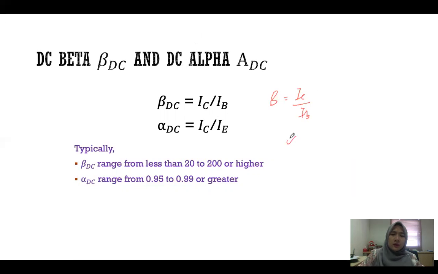But alpha is IC over IE. So don't get confused. Make sure that the formula that you use is correct. Beta is IC over IB, alpha is IC over IE. Beta DC ranges from less than 20 to 200 or higher, while alpha ranges from 0.95 to 0.99 or greater.